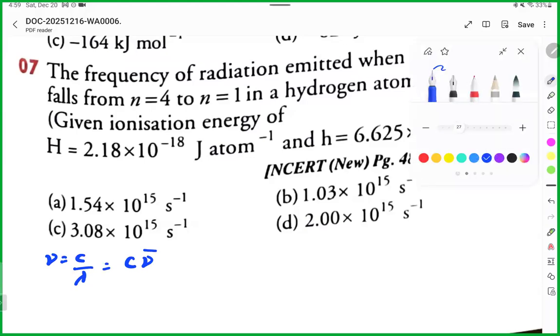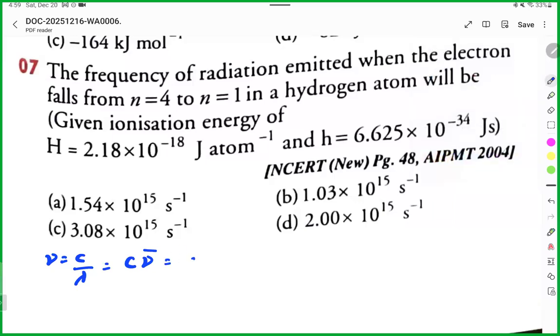Again, this is equal to C times R, with N1 value 1 and N2 value 16. So it will be 15 by 16.